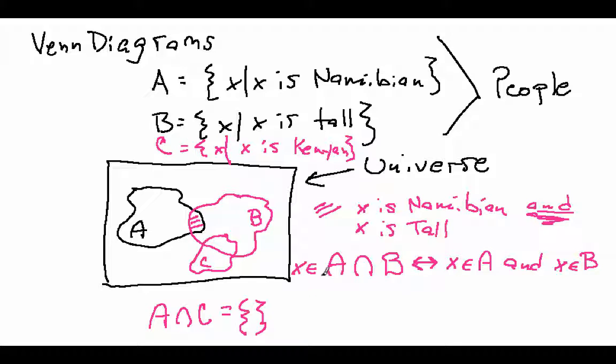And what that's asserting is that you can't be both Namibian and Kenyan. Now maybe in reality you can, I'm not sure, but the way that we've drawn it over here, you can't. So this represents intersection, and in a moment we're going to introduce some of the other drawings.